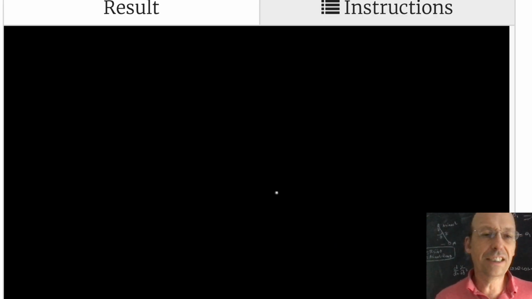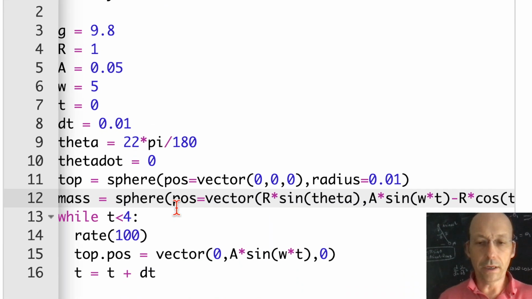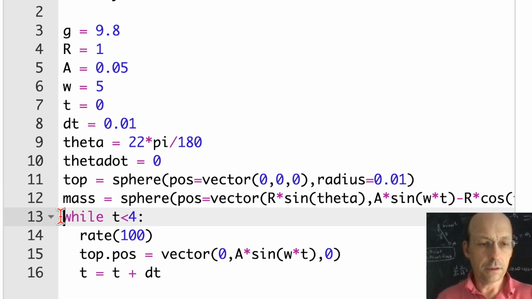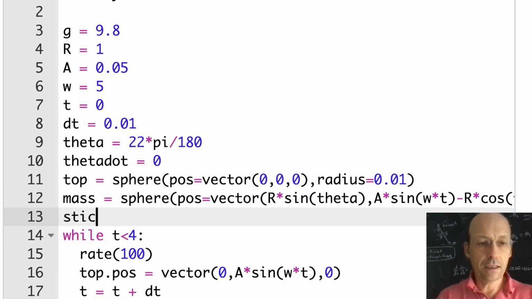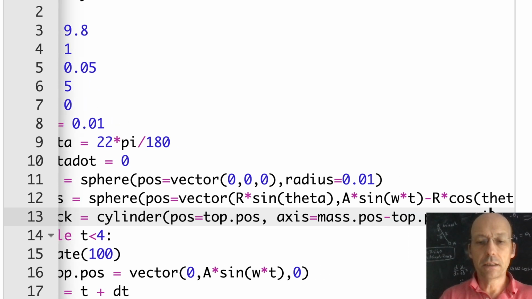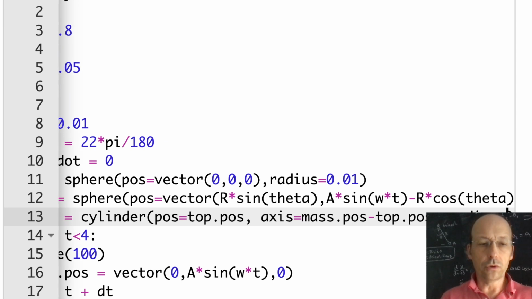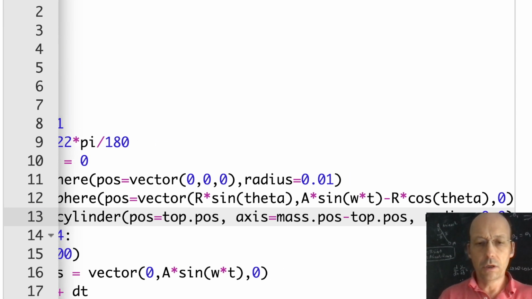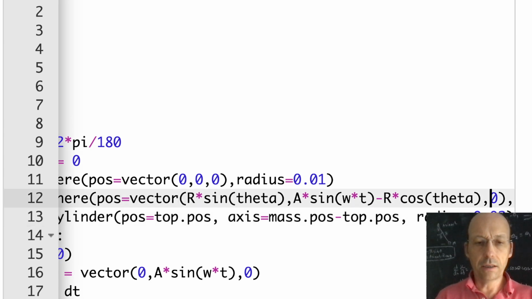Okay, now let's put our stick, and I'm going to call it a stick, because why not? Doesn't really matter. Stick is equal to a cylinder. Position is going to be top.pos, and then the axis is going to be mass.pos minus top.pos, and then the radius is going to be equal to, let's see, how big is that sphere? 0.02, and let's put this at 0.5.